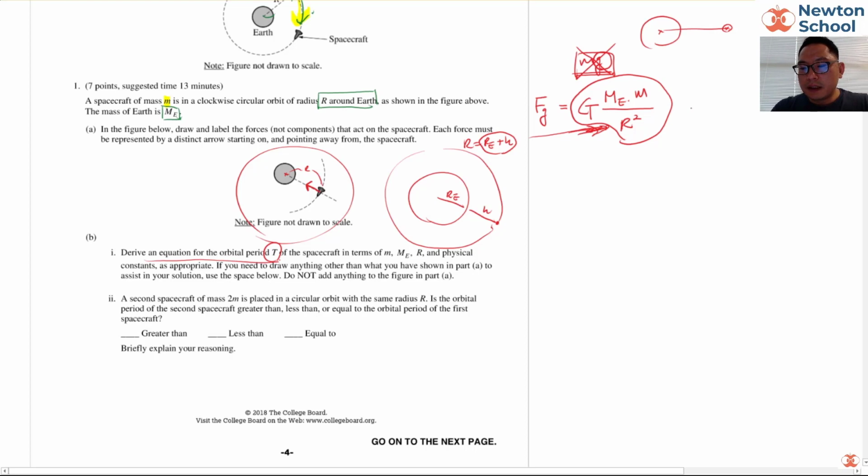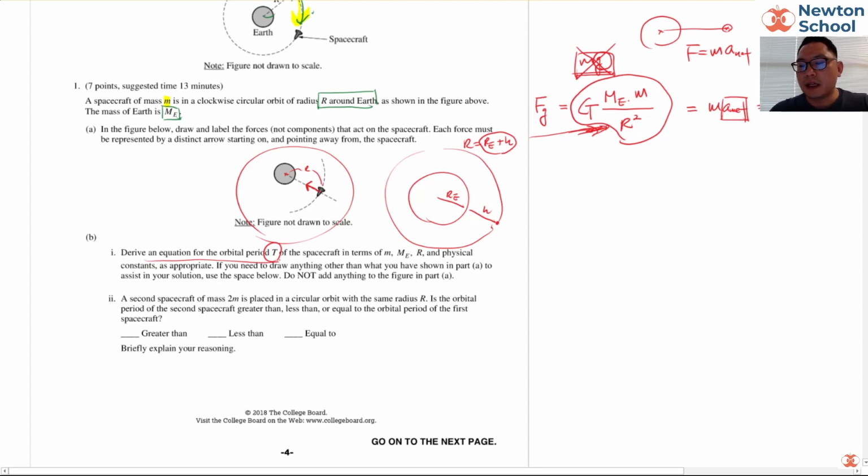Now, this equals F equals ma, or a net if you want to say, which is true. But in this scenario, this a net is actually the centripetal acceleration, right? Because there's no tangential acceleration.